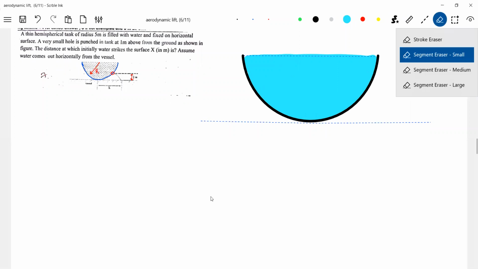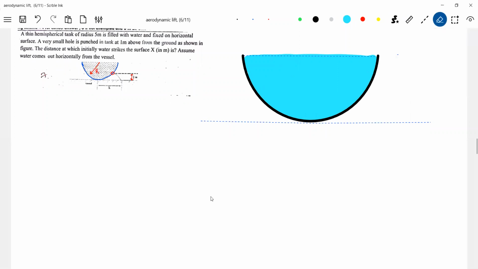Now, the hole is there at a depth. Radius of the container.